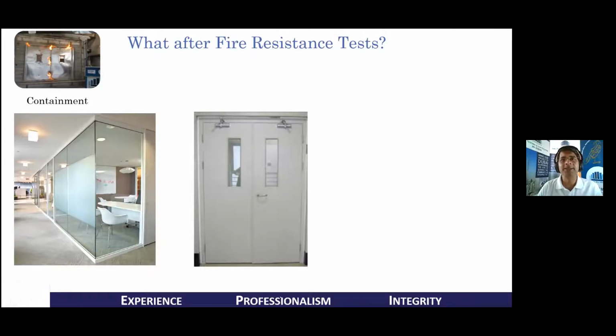And the installer who installed the sample in the laboratory has the capability to install the system which will contain a fire.